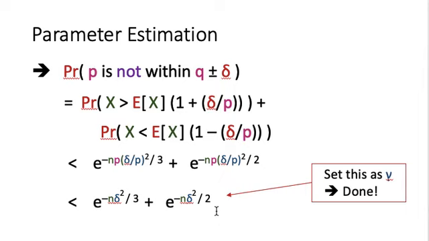And similarly, if we have delta and gamma set to be something that we want to keep, then in that case, we can find out the number of samples n that we want in order to have the claim that the probability p is within q plus or minus the predefined delta is greater than or equal to the predefined confidence 1 minus gamma. So this is about parameter estimation.